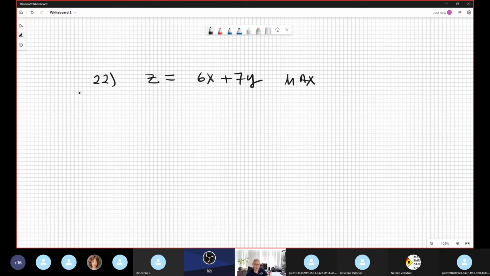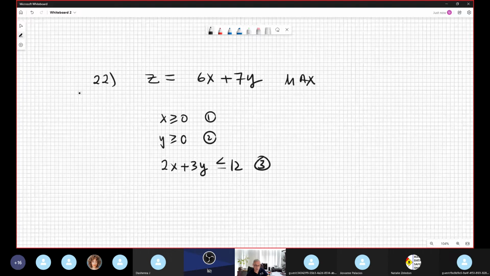The constraints associated with the problem are x greater than or equal to 0, inequality number 1, y greater than or equal to 0, inequality number 2, 2x plus 3y less than or equal to 12, inequality number 3, and 2x plus y less than or equal to 8. We have 4 inequalities.